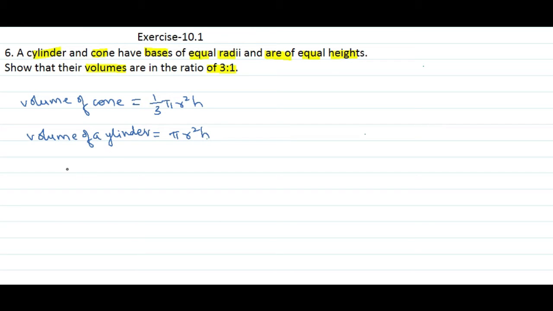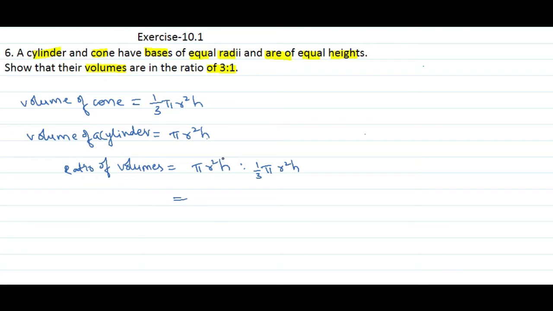So the ratio of volumes is equal to volume of a cylinder, which is pi r square h, is to 1/3 pi r square h.